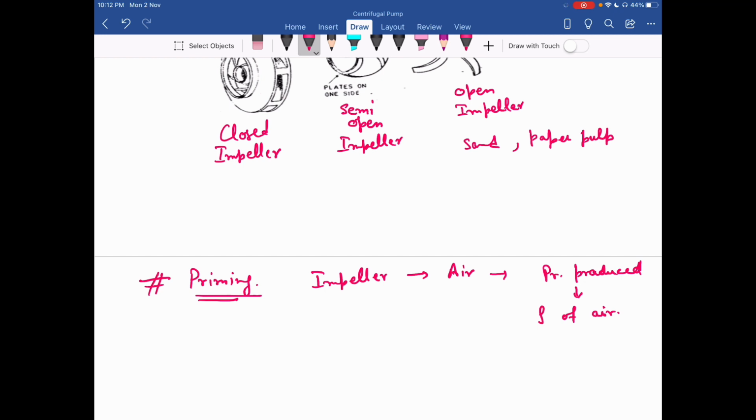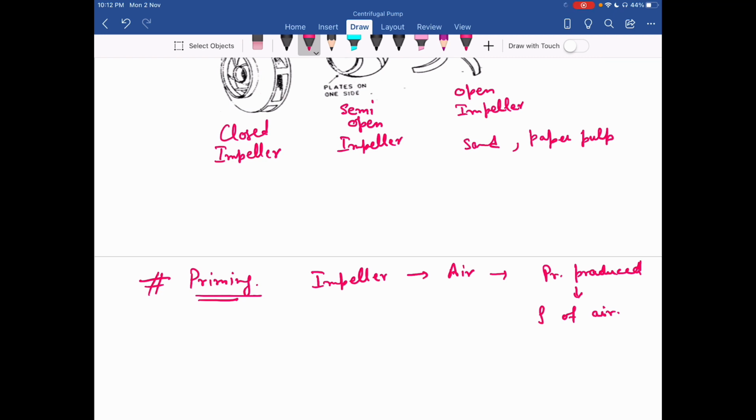This pressure produced, this head developed, is not enough to raise the water to the required height. It is not enough head to take water from the sump to the impeller and deliver it to the required height.